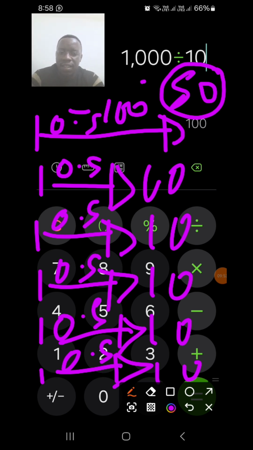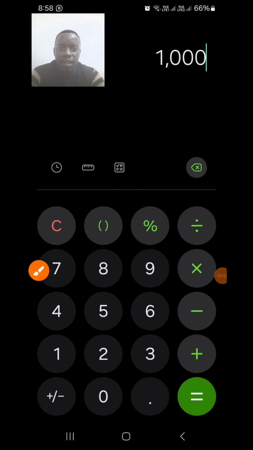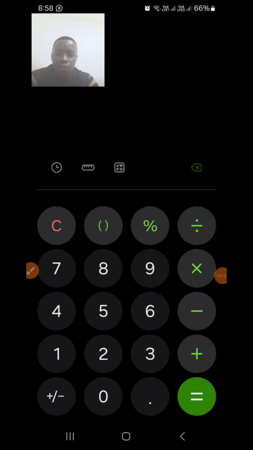Before going to fill in the other one, let me try another sum of money. Let me go for 200, okay? Because some of you say you have small capital. Yes, if you have 200 or 300, there is no reason to buy with anything more than $5 for the first buying amount.